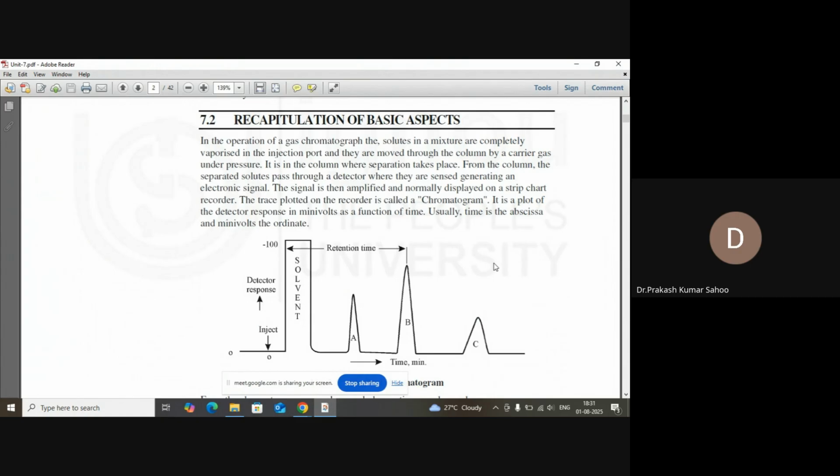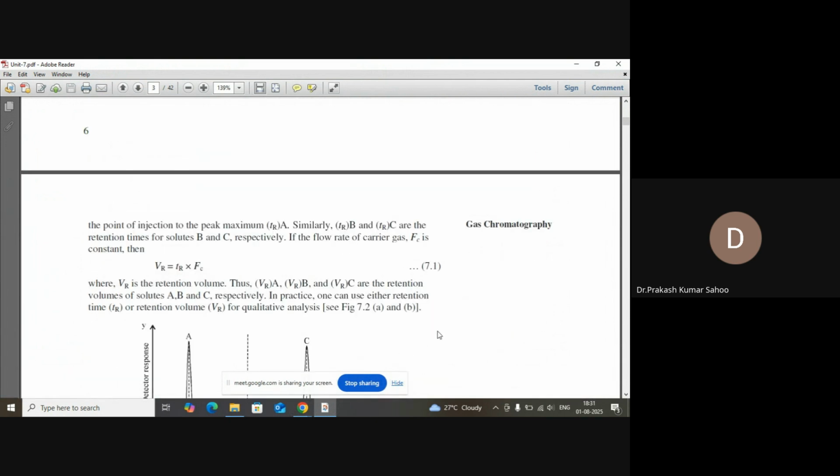After passing through, the different components get detected depending on their partition coefficient, producing an electrical signal at the detector point. Those signals are converted to graphs known as chromatograms, and on the monitor you will see the chromatogram. Then some equations.